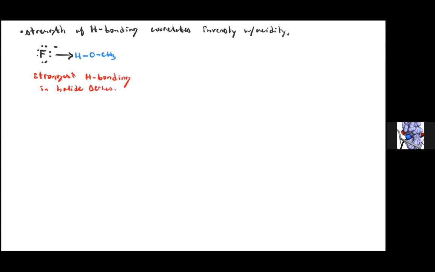At the other end of the spectrum, I've got I minus, and that too will H bond, but because I minus is so stable, this hydrogen bonding interaction is not very strong. So this is the weakest H bonding interaction in the halide series.